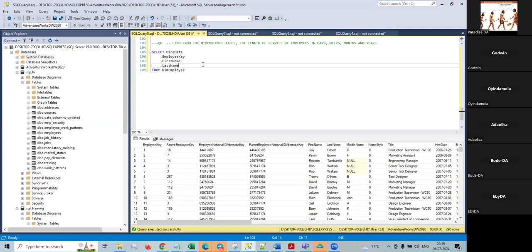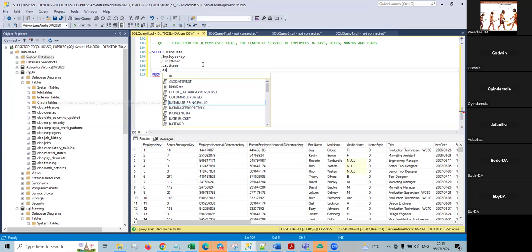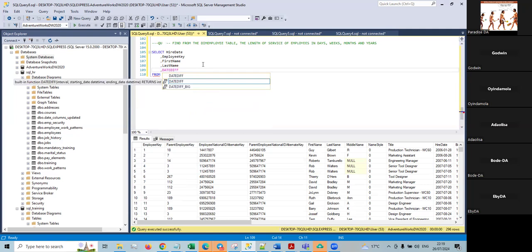And also we need another argument. That is the interval, right? So we start with days. So let's see how we can do something here. Date diff. Let's first of all say we want to find it in days. Date diff requires 3 arguments.